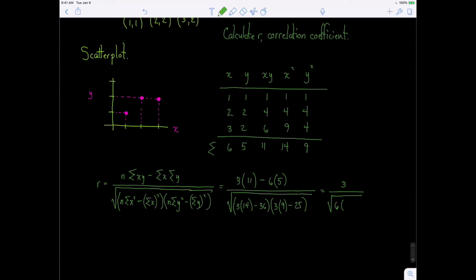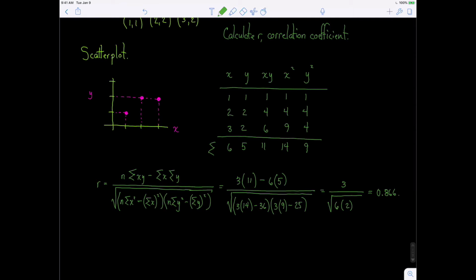And then we have a 27 minus 25. Well, that's going to be 2. And if you put that in your calculator, we actually come up with 0.866.